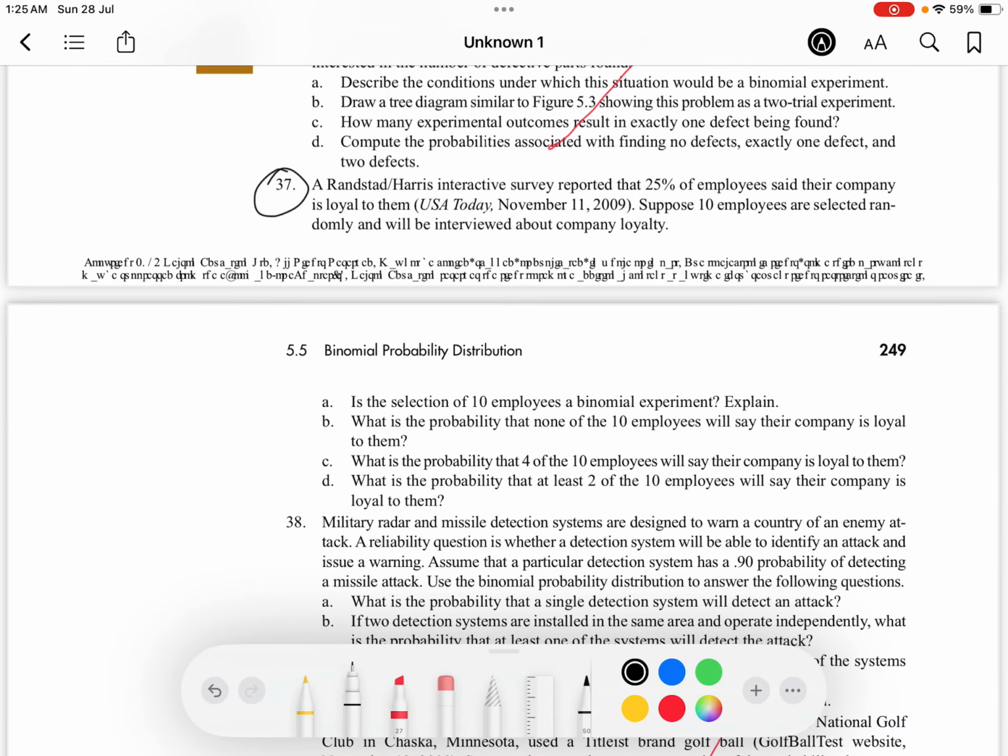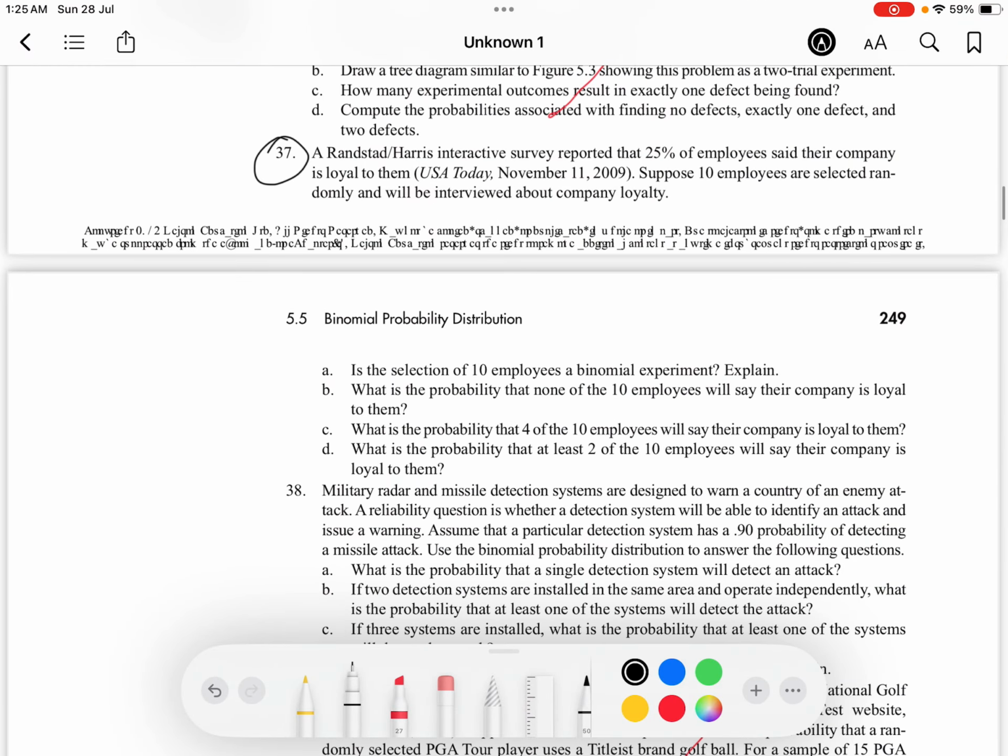Part C, what is the probability that 4 of the 10 employees will say their company is loyal to them?